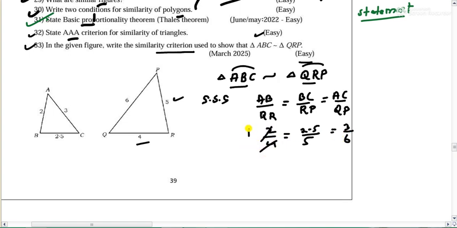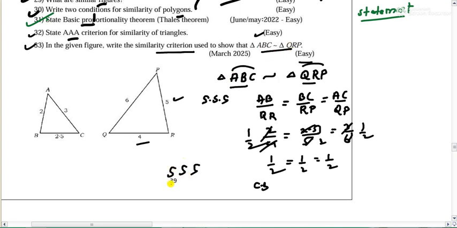So if you simplify, you'll get 1 by 2, 1 by 2, 1 by 2. It means corresponding sides are in the same ratio. Got it? So corresponding sides in the same ratio means all three sides are in the same ratio. So this is similar based on the SSS criterion of similar triangles. Got it? This is the answer. SSS criterion of similar triangles. Understood?